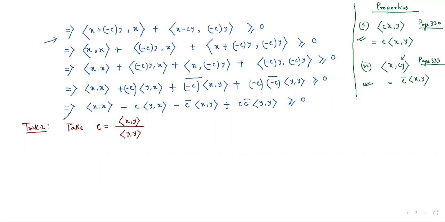And this is the only possible substitution that will help you to deduce the Cauchy-Schwarz inequality. No other substitution will help. This substitution is a validated substitution, so you don't have to worry about it.